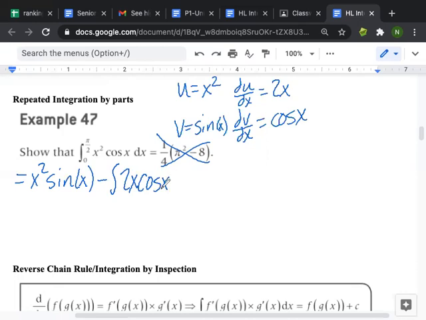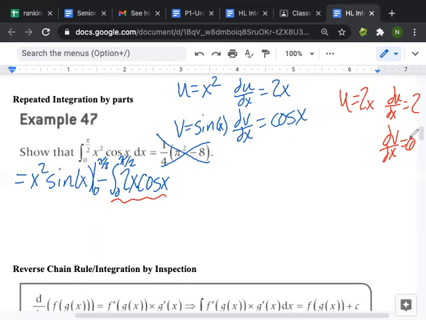But you'll notice that we're running into the same problem. So this is from 0 to pi over 2. When we have these pieces, this second term is another integration by parts. It means I have to do it again. So this time, my u is going to be 2x, which means my du dx is then 2. And my dv dx by default is cosine of x.